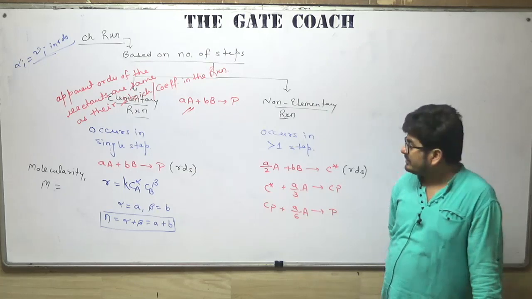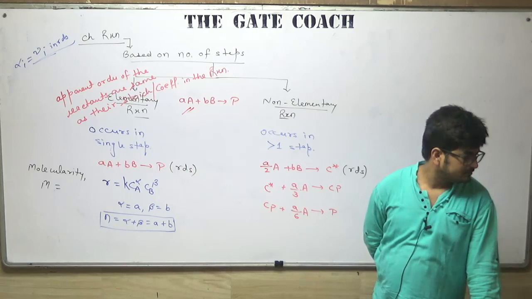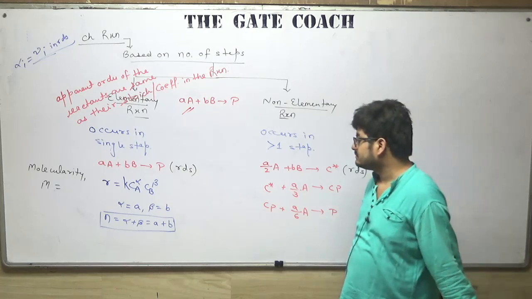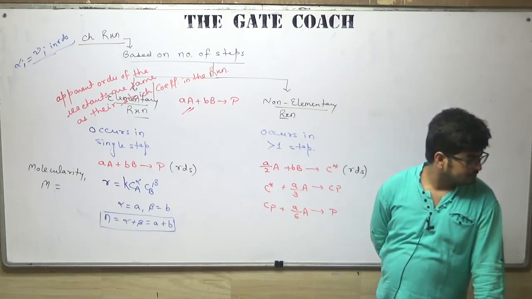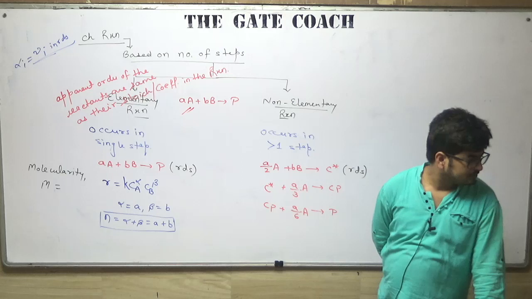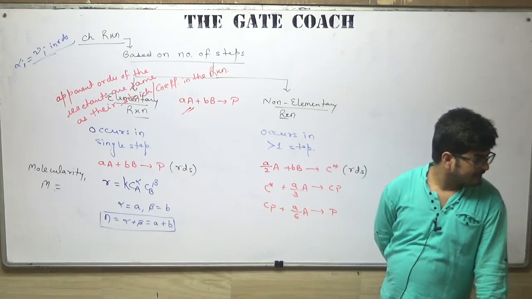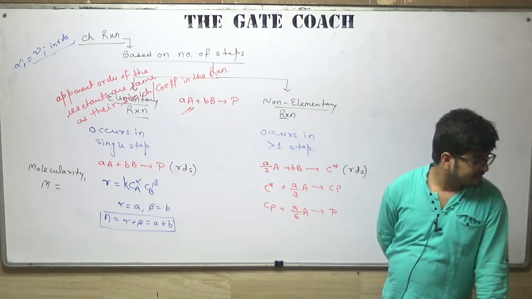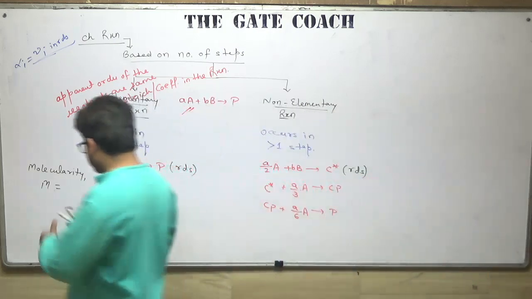Guys, tell me what will be the molecularity for this elementary reaction? M is equal to A plus B. N is equal to molecularity, A plus B. Wonderful, guys.